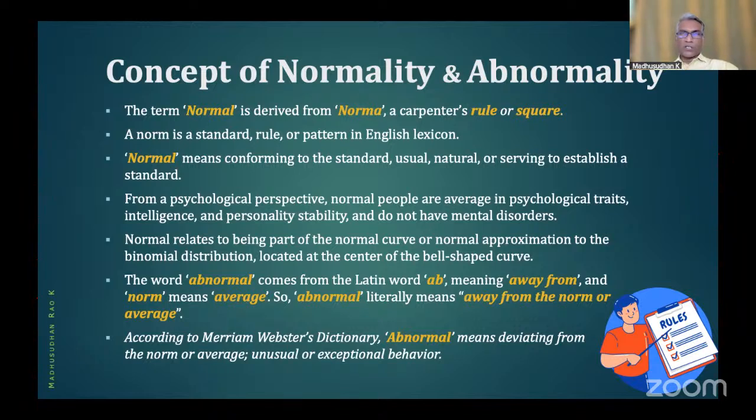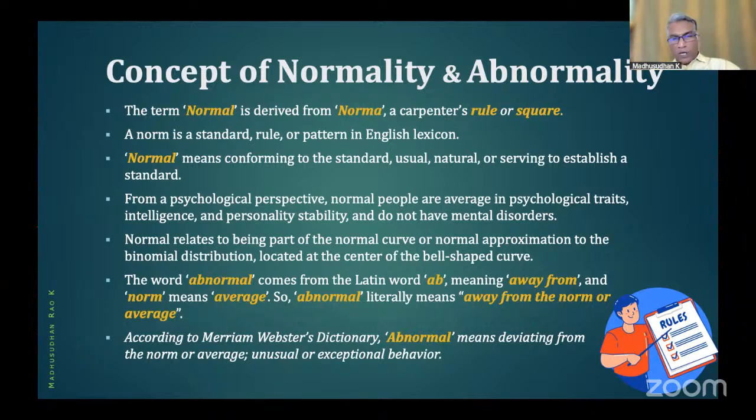So this is the normal distribution curve, as you studied in your second year, second semester. Normal people fall into the normal section, meaning how far you deviate from the mean, the center, according to the bell-shaped curve.